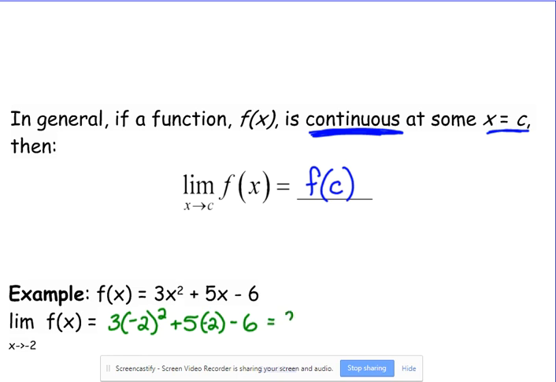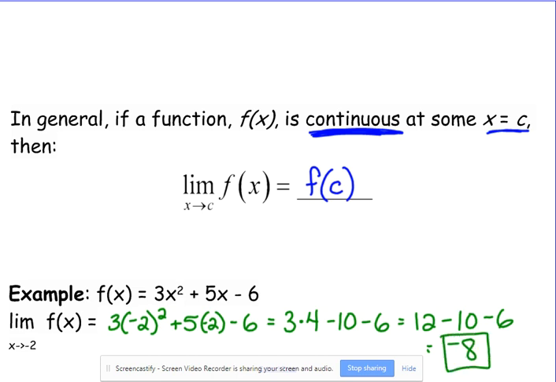That would have caused problems. 3 times negative 2 squared is positive 4. Be careful with that. 5 times negative 2 is negative 10. So we've got 12 minus 10 minus 6. So 12 minus 10 is 2. 2 minus 6 is negative 8. And you can confirm that with your calculator, but again, trying to do as much as possible without our calculators here.